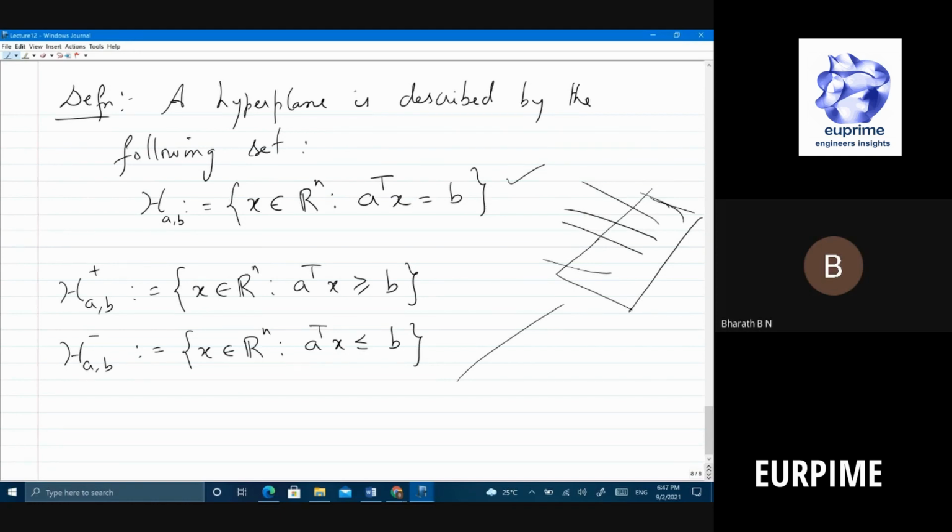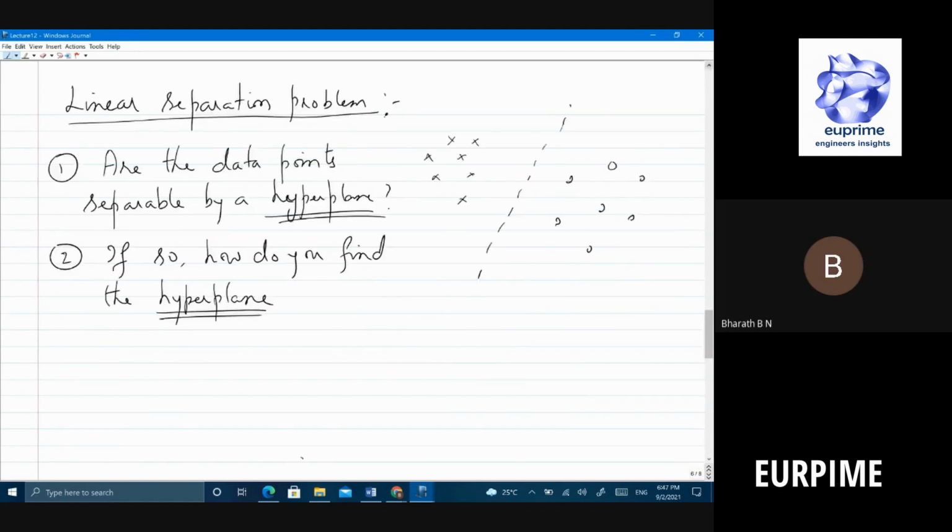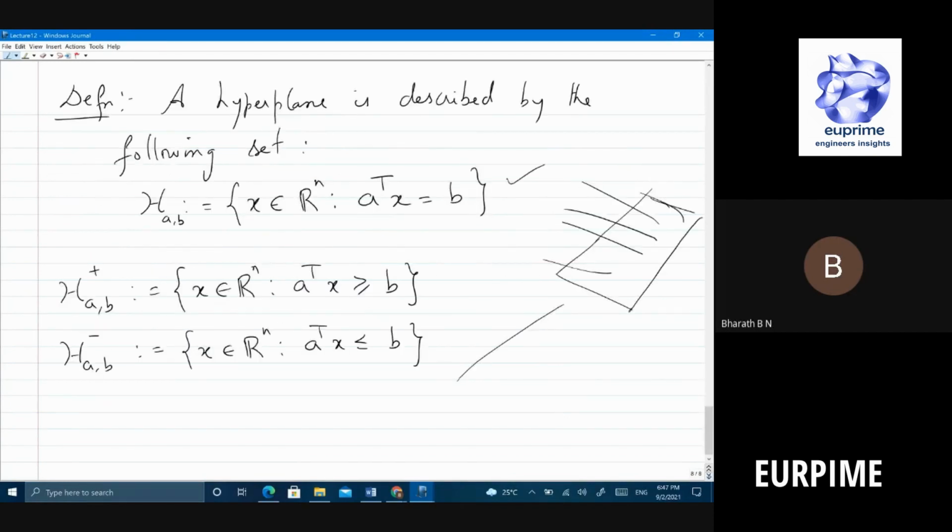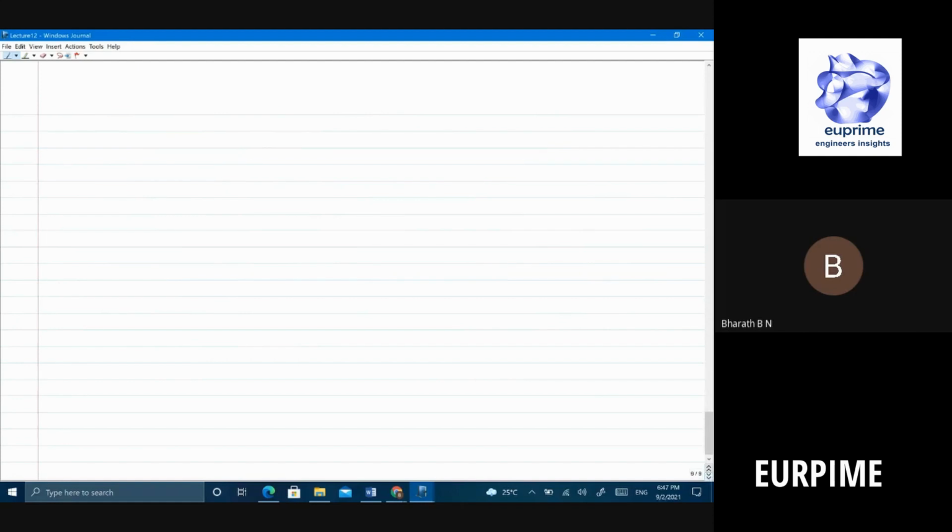Now, going back to the previous question: are the data points separable by a hyperplane? How do you write that? So let's formalize this whole thing. What is the data set now? So the data set will have, let's say, D1.